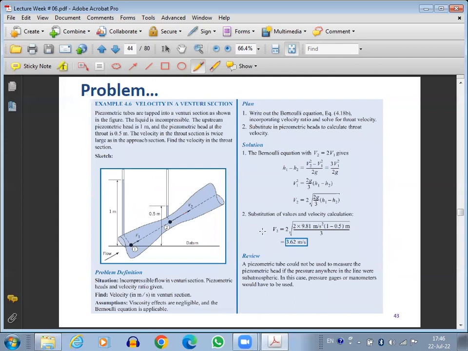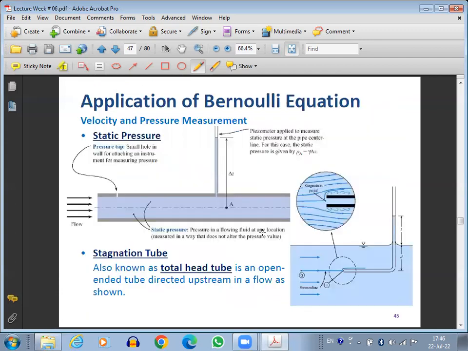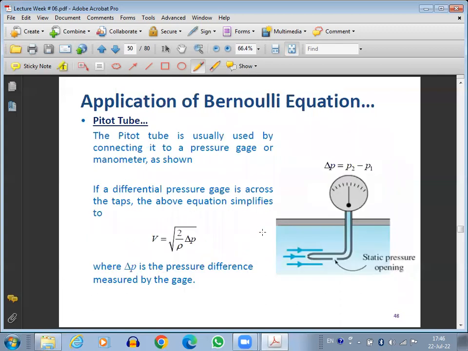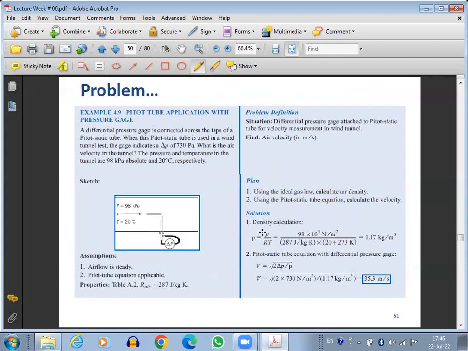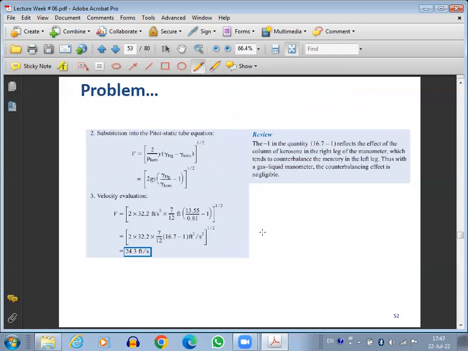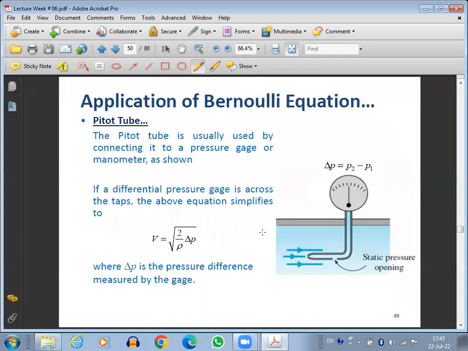Okay, so there are 14 minutes left. Look, we have these two problems, and then this application of Bernoulli's, and then this spider tube. At least we should do till here.